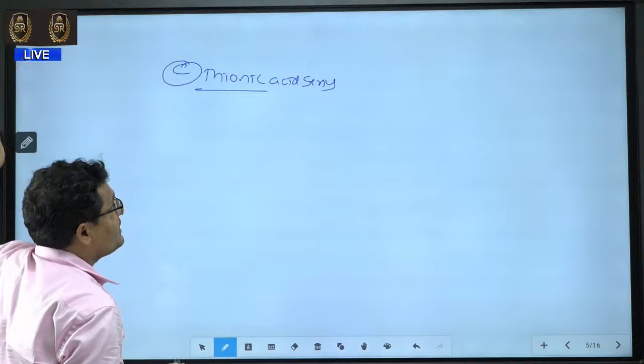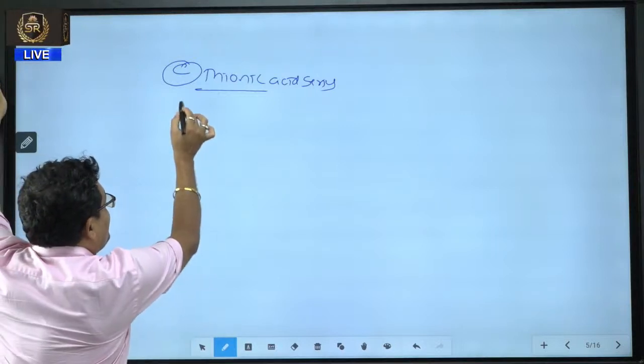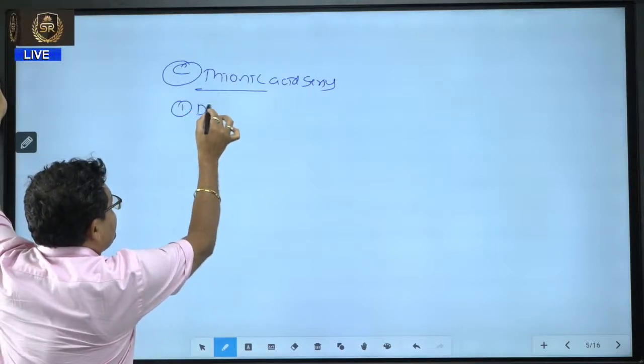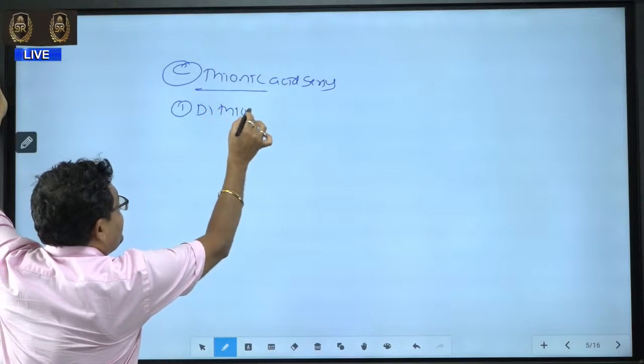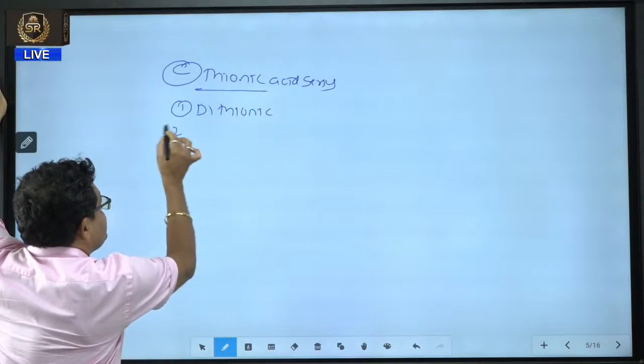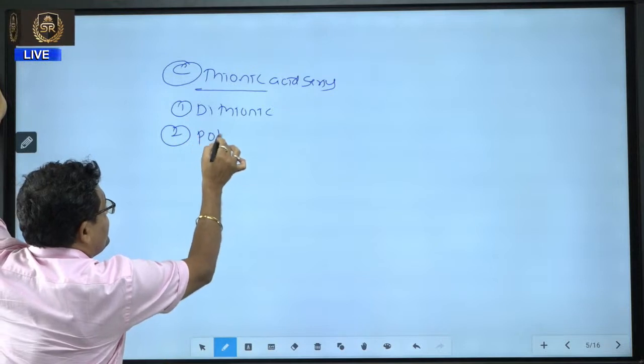That is dithionic and polythionic. One dithionic and second one is polythionic.